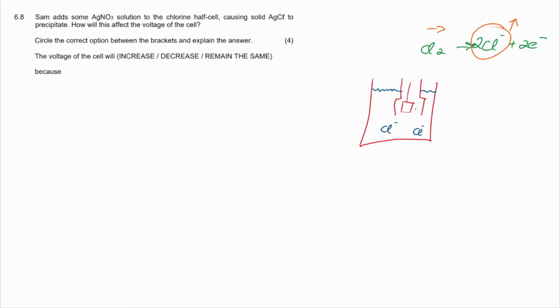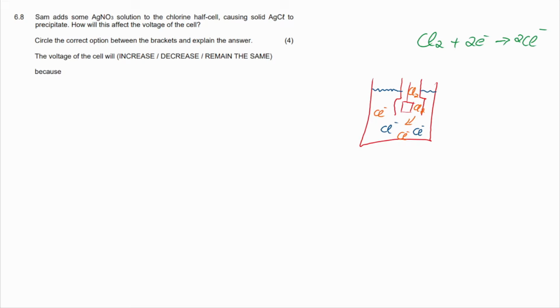We have chlorine gas over here, Cl2, and that just keeps putting more chloride ions into solution. Sorry, I actually wrote the reaction wrong. Chlorine gas is actually not oxidized, as I just said. It is reduced.